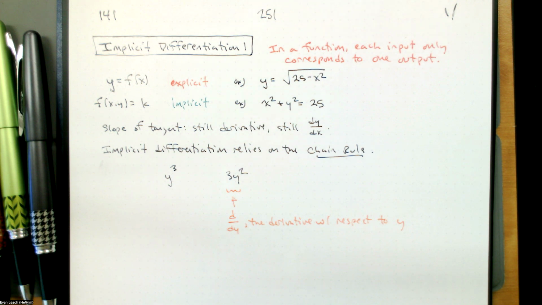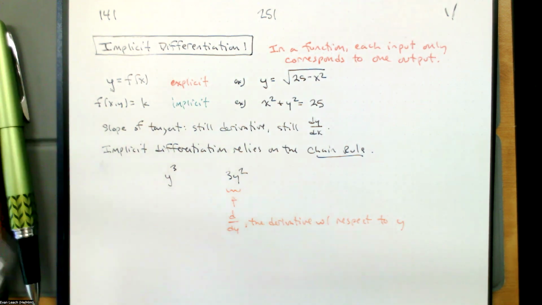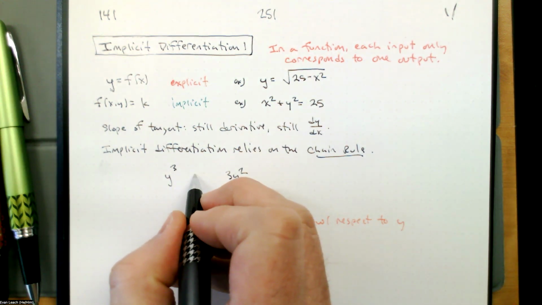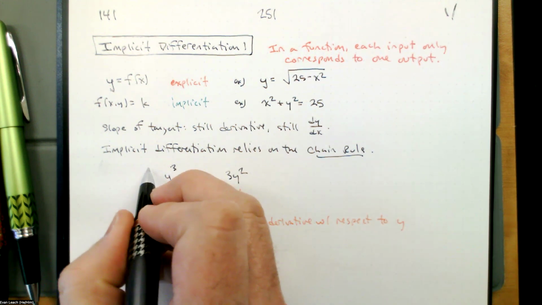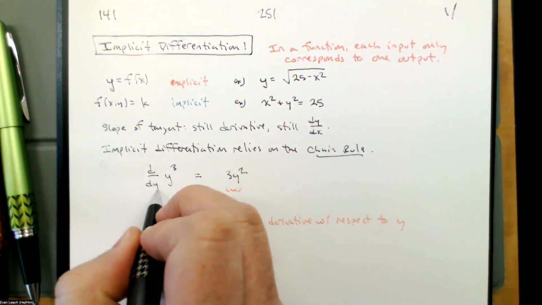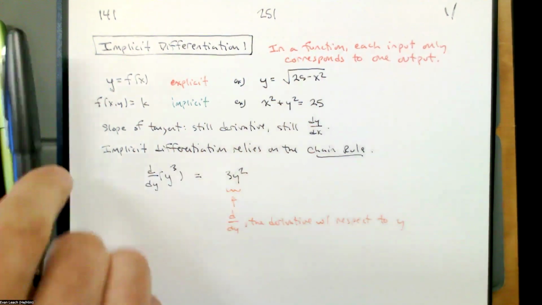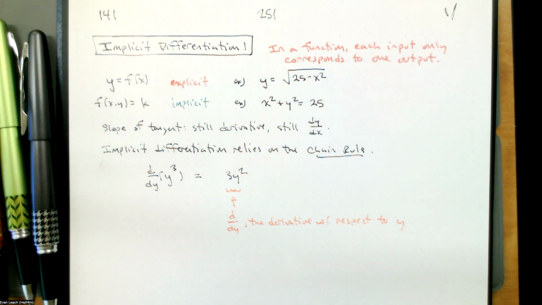So if we had to write one thing to make an equation and make it true, I'd have to say the derivative with respect to y of y cubed is 3y squared.